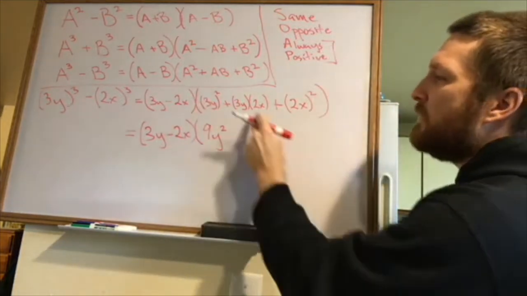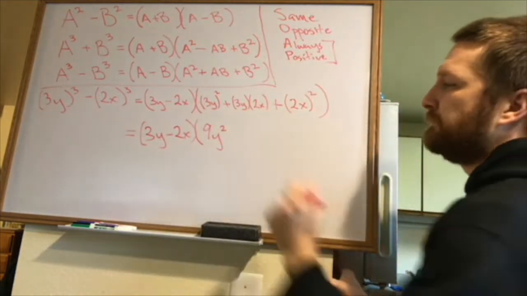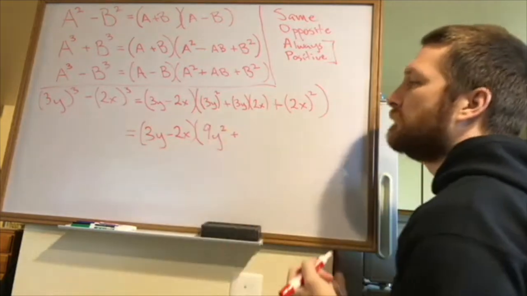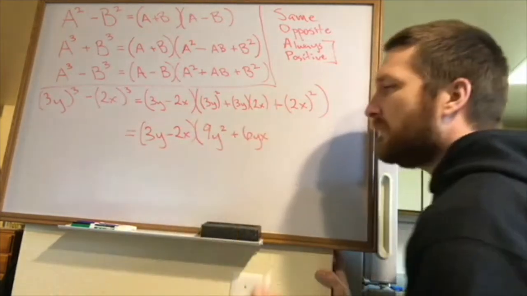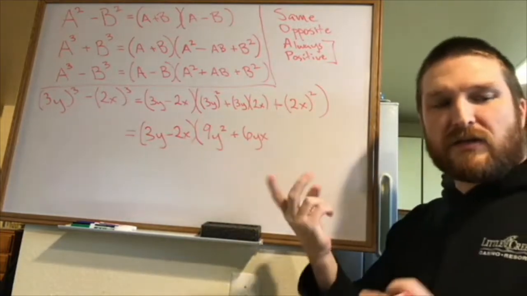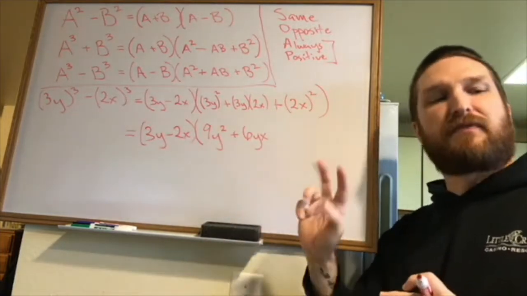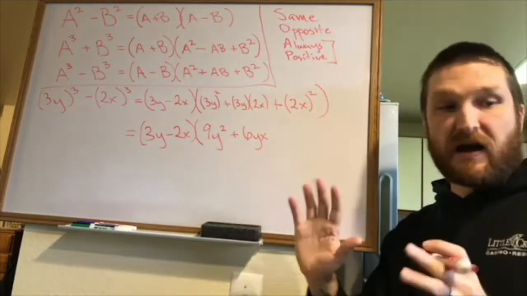Okay. What about the middle part? What does that work out to? 6yx. Where did that go? Usually we write the x's before the y's, and if you did that here, you'd be absolutely right.